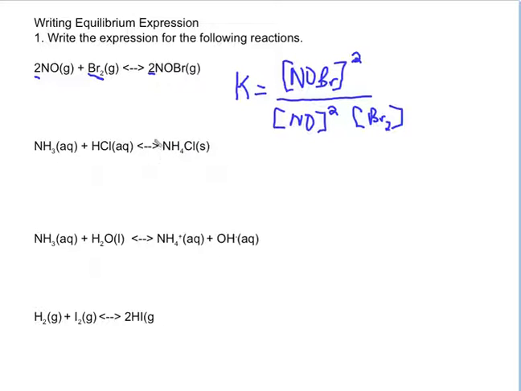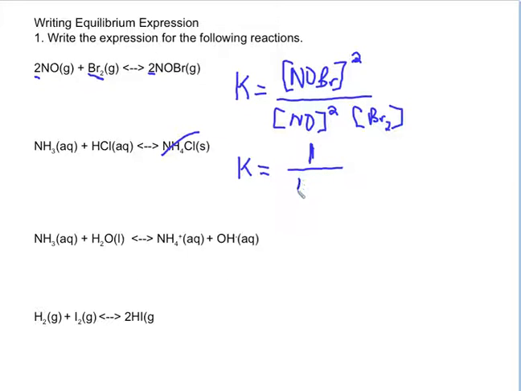Okay, let's go down to the second one here. On the second one, if you notice, we have aqueous, aqueous, solid. Okay, solids are not included in the equilibrium expressions. So what you do is you go K, and since there is no reactant, we're just going to put a 1, because there's nothing there.